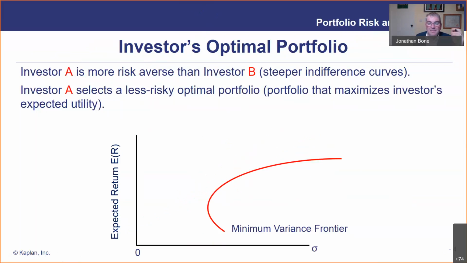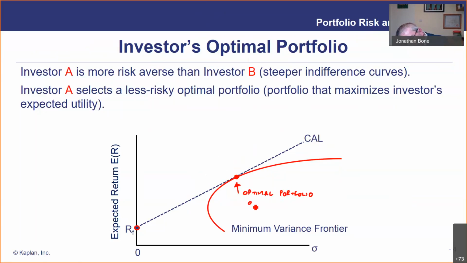How do we know what portfolio the investor will choose? The idea is you can choose any portfolio along the capital allocation line. Let's put our tangency portfolio on there. There we are. I'm going to call that my optimal portfolio of risky assets.